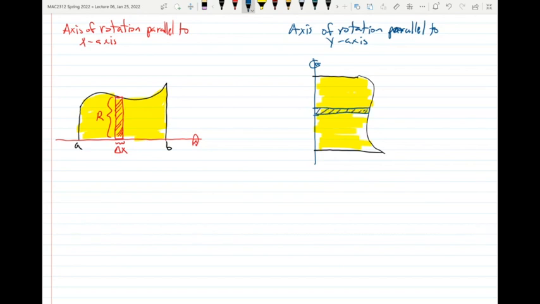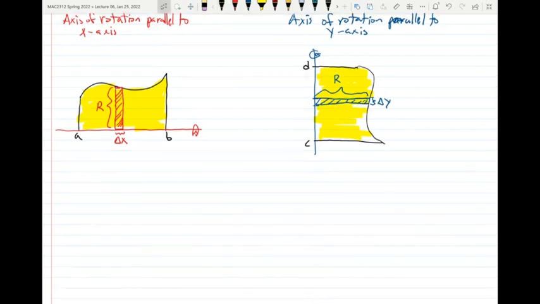This time, when we rotate, our disk is going to be like this, in the horizontal way. So now R looks like this, and the thickness of the disk is delta y, because our variable of integration is y, since we are cutting from bottom to top. To fill the region, we need to move from bottom to top, so it's delta y, and let's say this is happening from C to D. Are we okay with the setup so far?